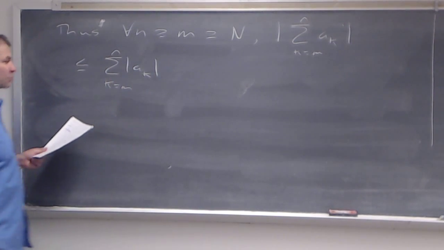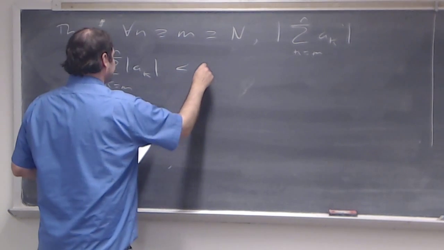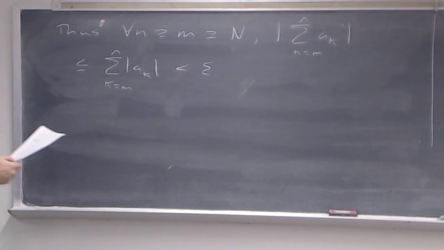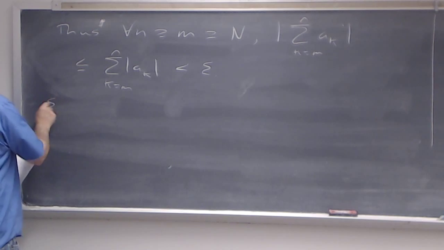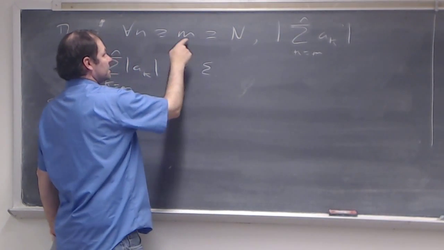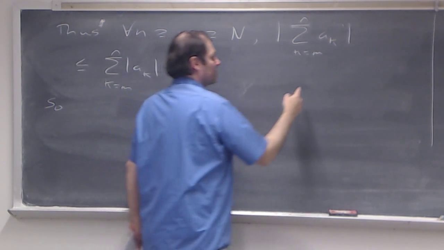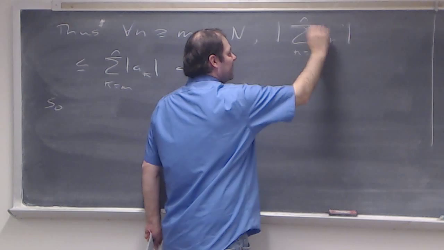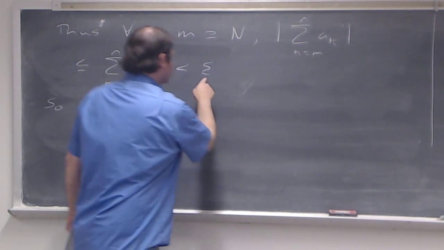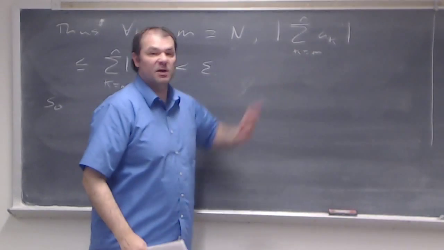That's true by the triangle inequality, but this part is less than epsilon. So there exists this big N such that for all m and n bigger than or equal to it, the absolute value of this sum is less than epsilon, and that's what it takes to show that this sum converges.